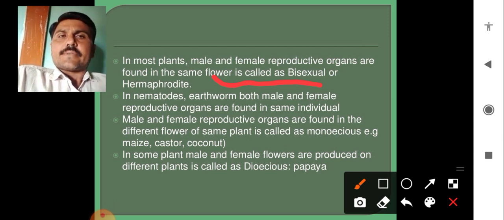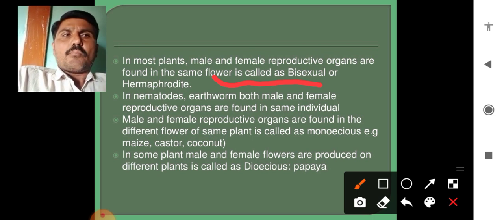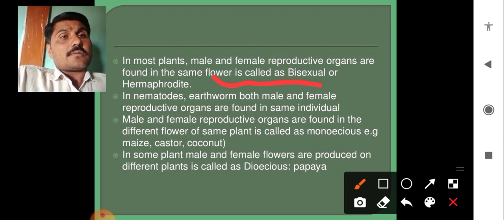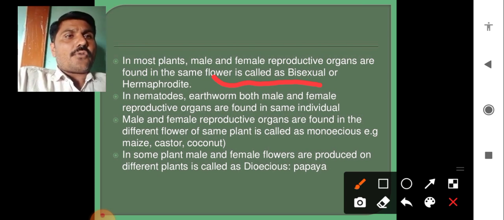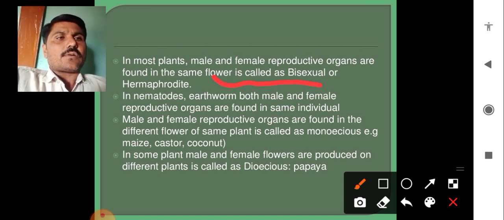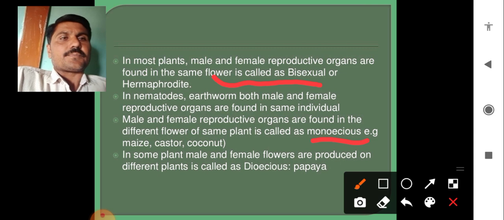In nematodes and earthworms, both male and female reproductive organs are found in the same individual. When male and female reproductive organs are found in different flowers of the same plant, such a condition is called monoecious.